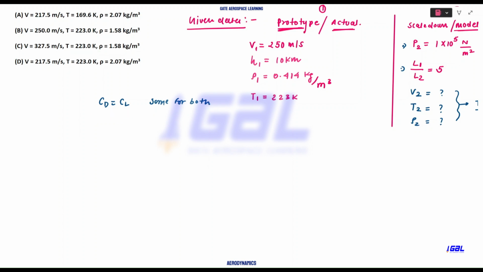That indicates geometrical similarity due to alpha and also due to the Reynolds number, and dynamic similarity due to the Mach number. So from here we can conclude that our model and prototype are under geometrical and dynamic similarity.